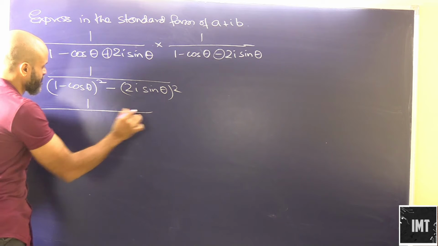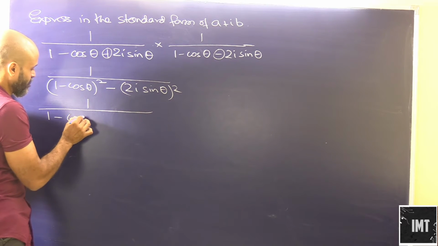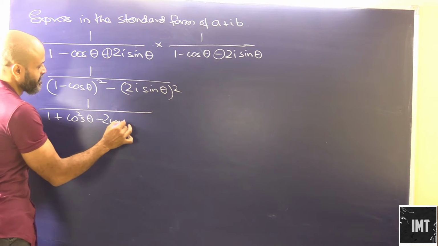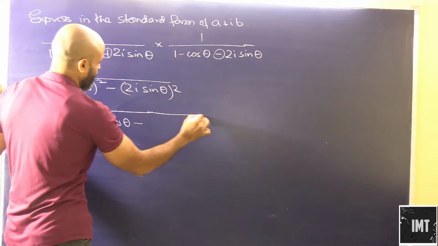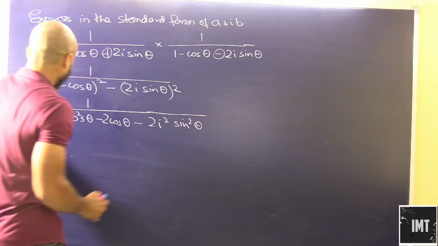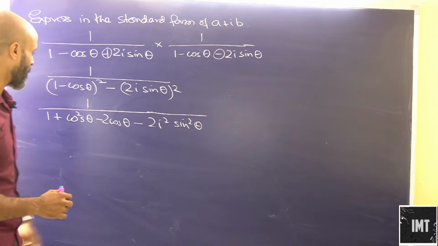This is going to give us 1 plus cos square theta minus 2 cos theta, minus 2i square sin square theta.